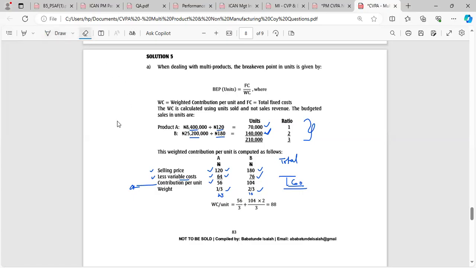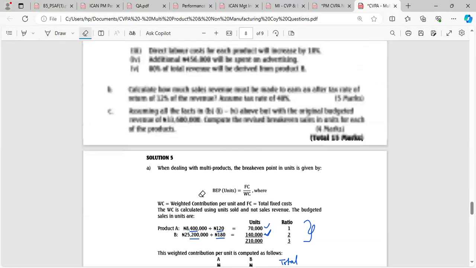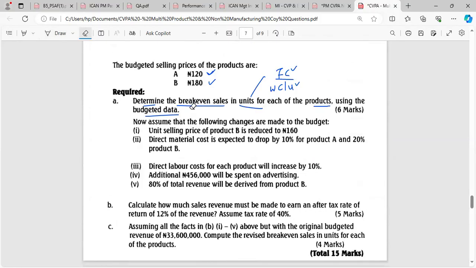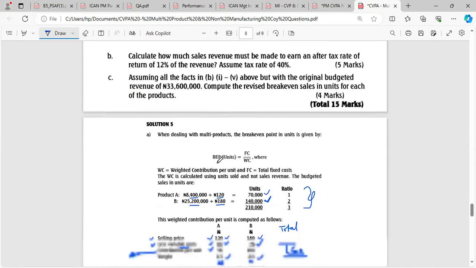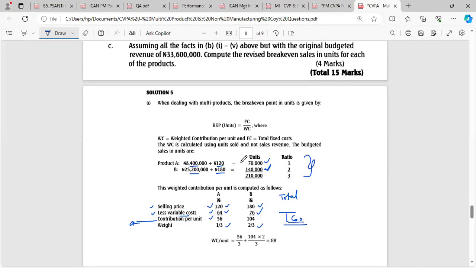But since they did not tell us anything relating to that, what are we trying to compute? We're trying to compute the break-even sales in units. That is very important. If they say in value, it's different. So in units, we are going to use our units to form our weighted average, to look for the ratio that we are going to apply here and here.